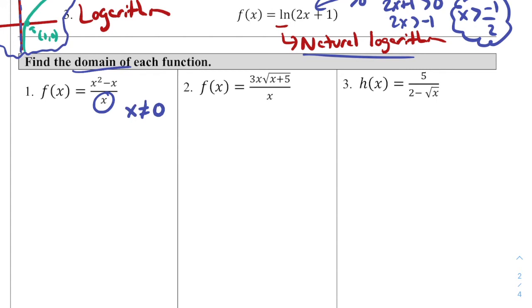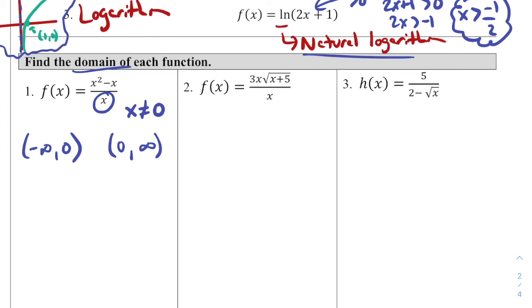In interval notation, we're saying it can be any value other than 0. It could be less than 0, or it could be greater than 0. If it's less than 0, it could go all the way down to negative infinity, and it can go all the way up to 0, and it can't equal 0, so I put parentheses there. Or it can go from 0 all the way up to positive infinity.